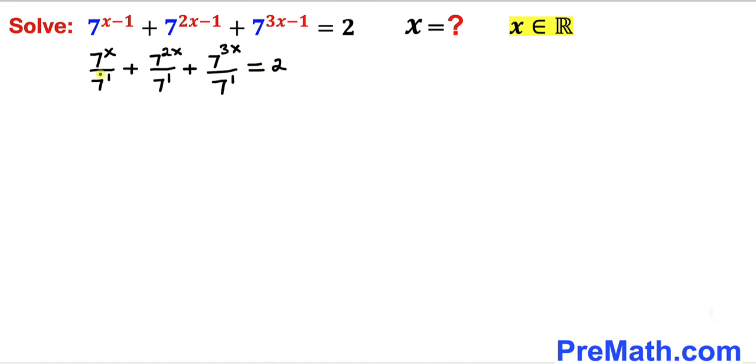Now let's make an observation. We can see 7^1 is same as 7. So therefore our denominators are going to be 7 across the board.